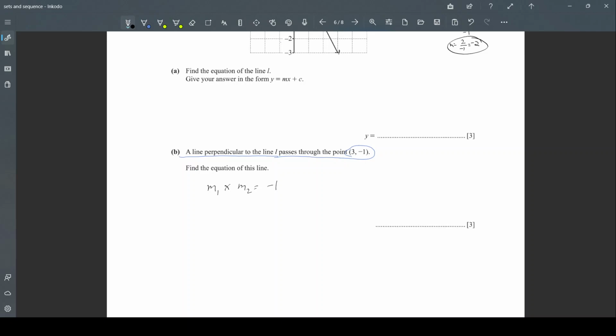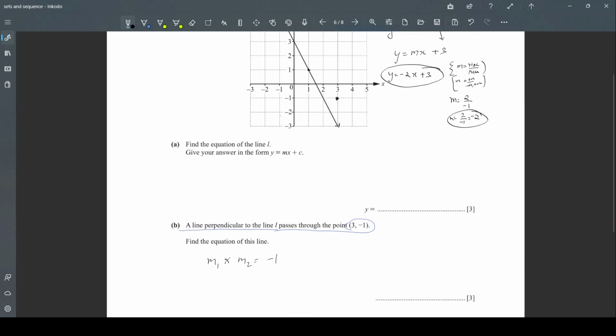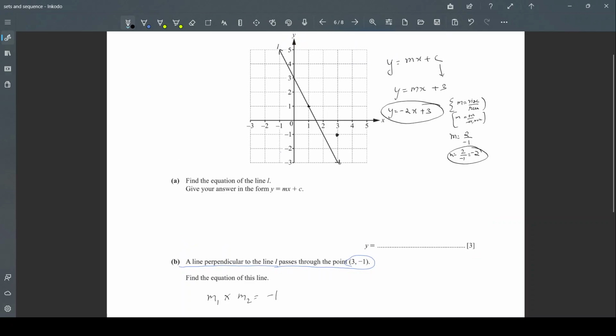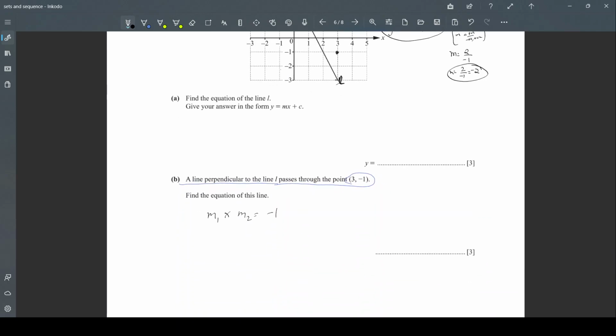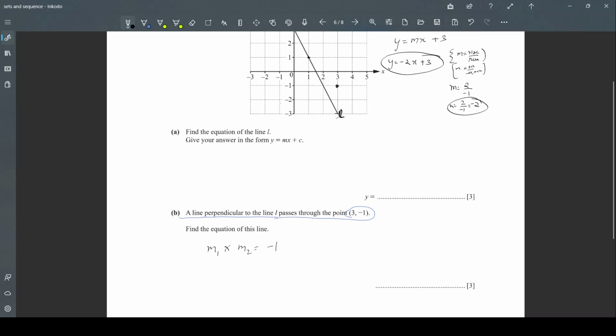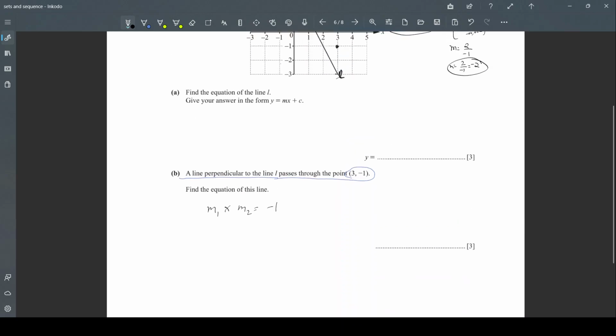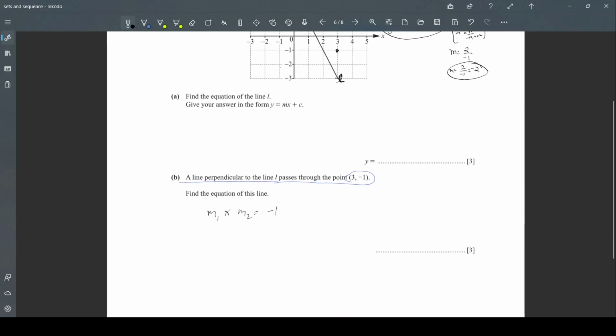So what is m1? Because they are asking for the line perpendicular to line L, m1 will be the magnitude of the line L and m2 will be the magnitude of the perpendicular line that we need.